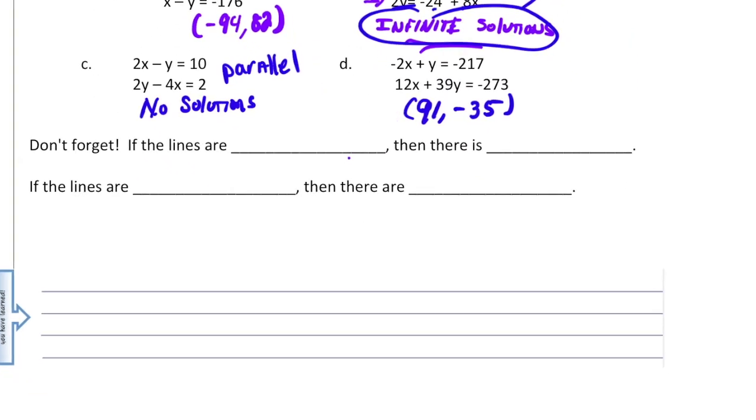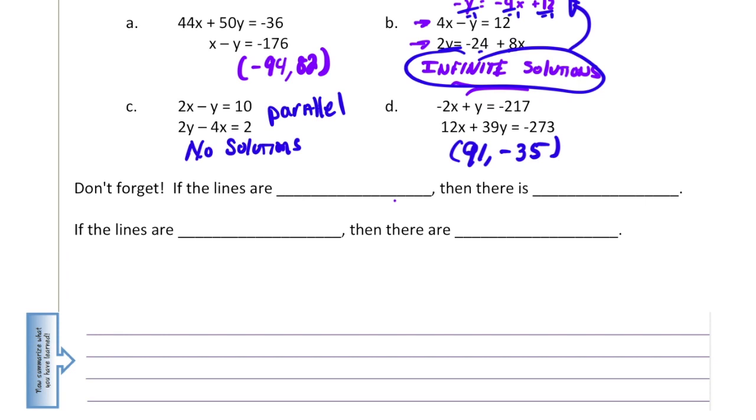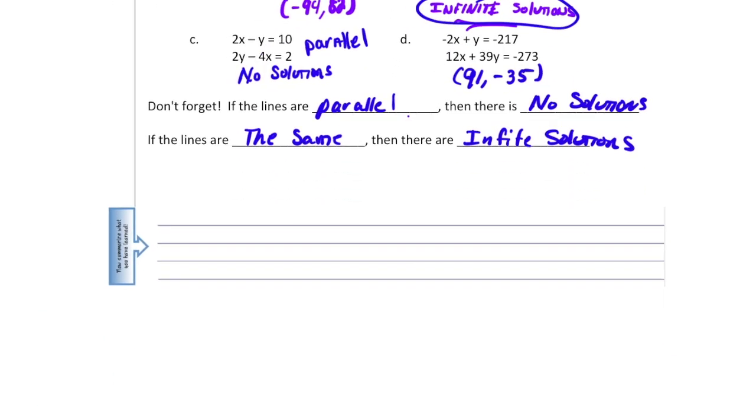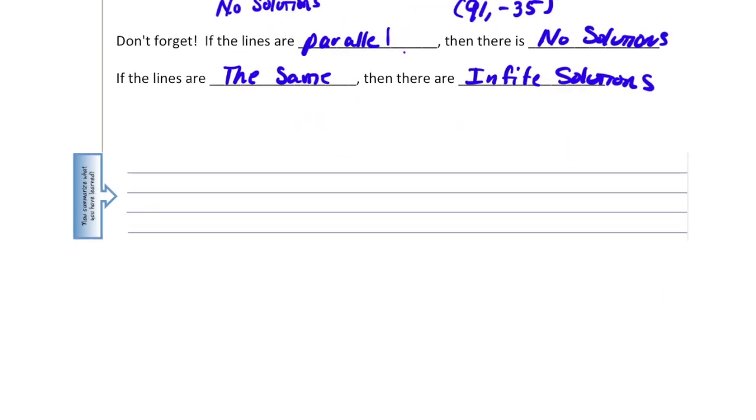So wrapping up our last two little lines here, don't forget, when you're solving these things, if the lines are parallel, then there are no solutions. And if the lines are the same, then there are infinite solutions. So down here at the bottom is just any notes you wanted to add about what you can remember about our lesson here. Some of the things I remember is solve systems by graphing.